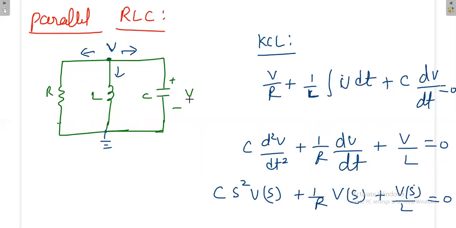If I put V here, it doesn't mean that the capacitor has initial energy, because this V is like a running variable. What would be the V with respect to time? That is what we are trying to analyze. I am not saying the capacitor has initial voltage. In this case, the inductor is having the initial energy.